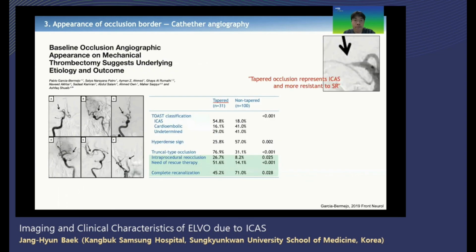Among them, the tapered shape of the occlusion border was significantly associated with de novo hyperdense artery sign, intraprocedural reocclusion, and need for endovascular modality. And final complete recanalization was less than non-tapered occlusion. All these findings of tapered occlusion were suggestive of ICAS LVO, and about 80% of tapered occlusion was truncal type occlusion.